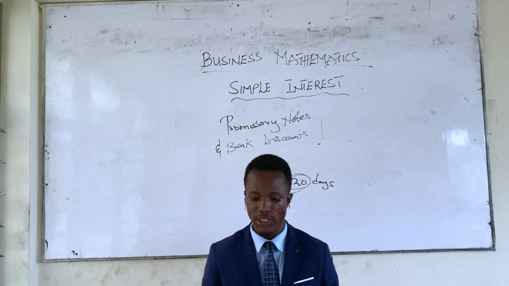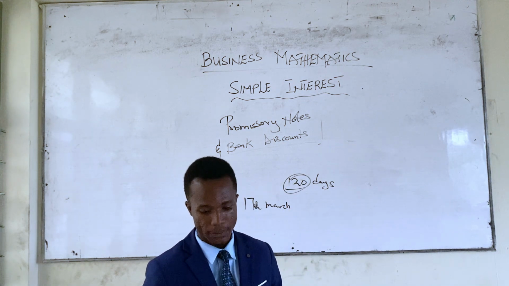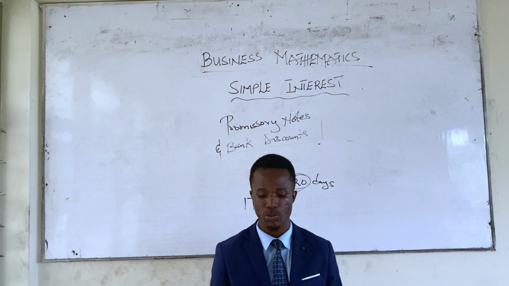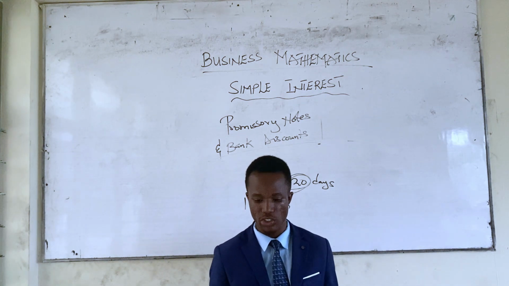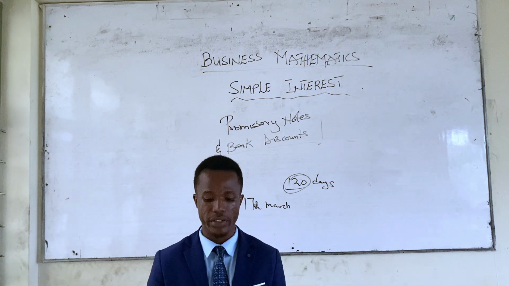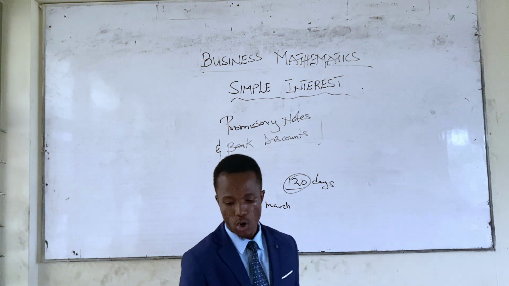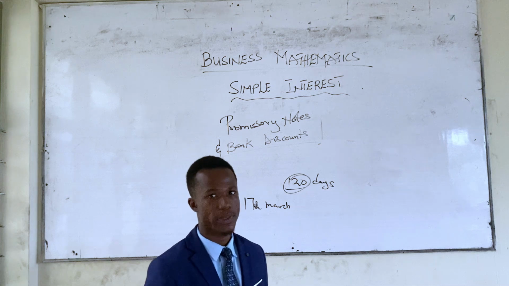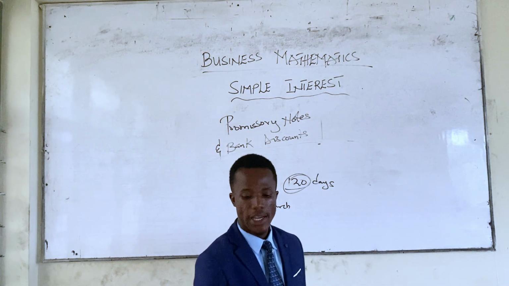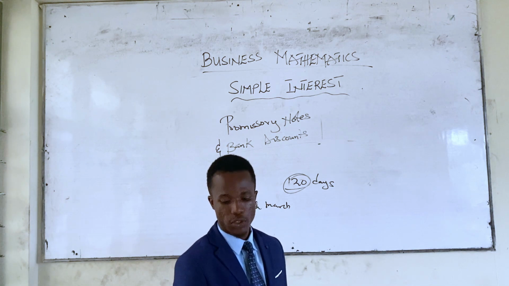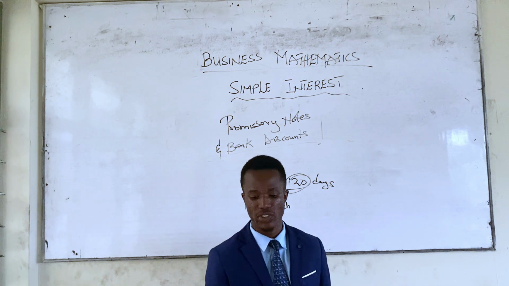Then it says compute the number of days in the discount period. The number of days in the discount period is when the third party comes in. So the time is the number of days in the discount period divided by 360 or 365, or in a leap year, if the question specifies, then you take 366. Then the fourth one, you compute the discount amount.